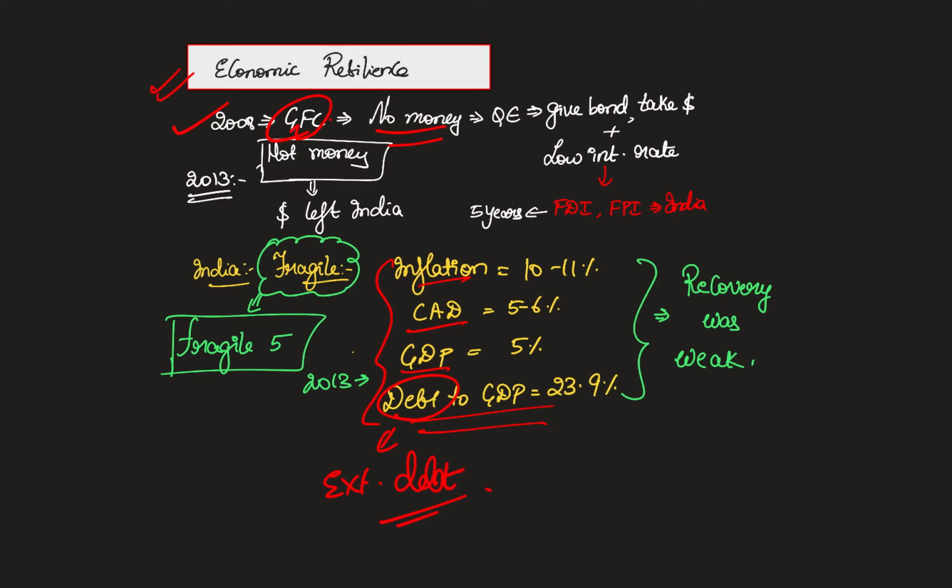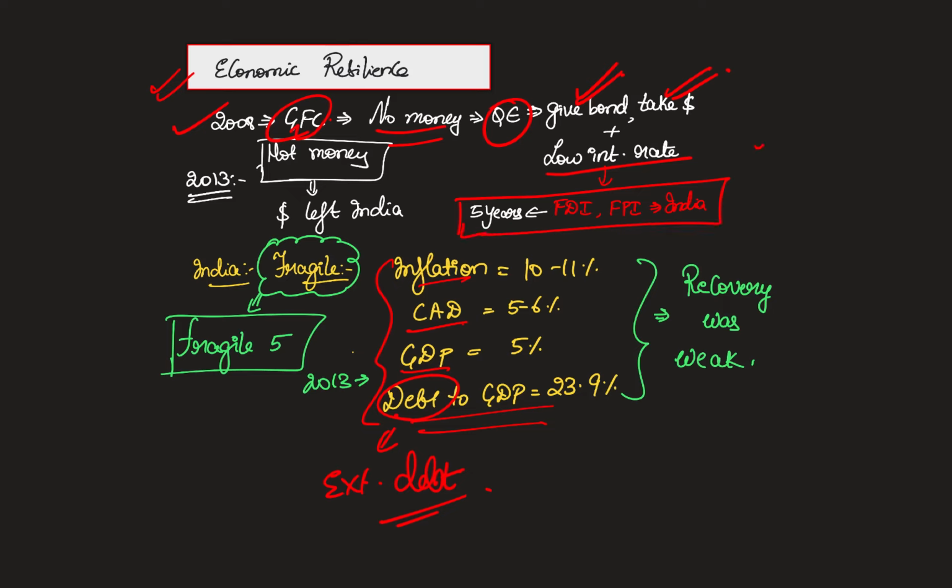So to increase demand, what the US did was it took corporate bonds with at least decent ratings and gave money at a very low interest rate, which FDIs and FPIs took and came to India for at least 5 years.